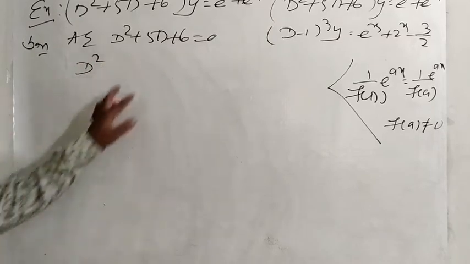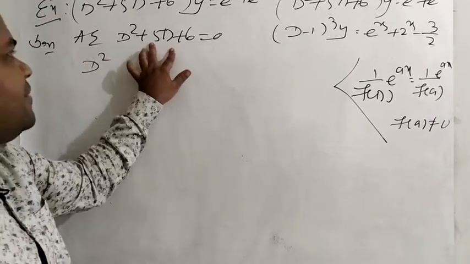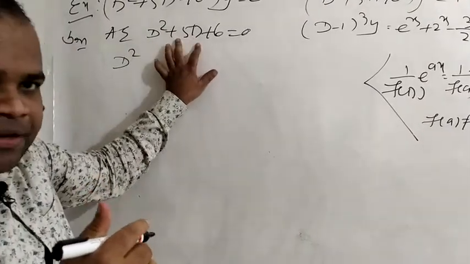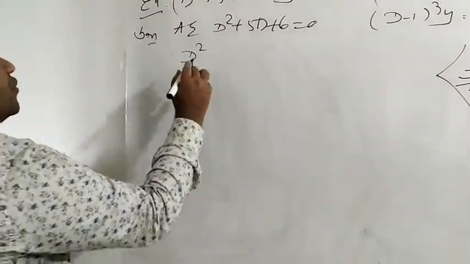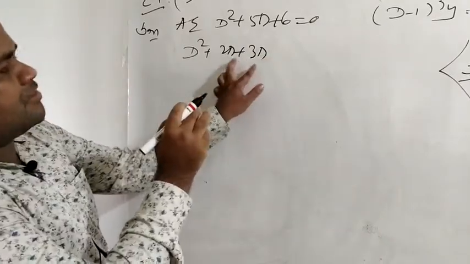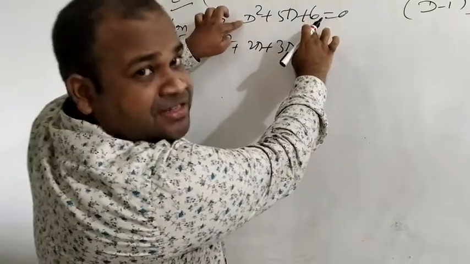You will use the factorization. What is factorization? You divide 5d into 2 terms: add, it will come 5d; multiply, it will come 6 into d square. So 5d is 2d plus 3d. 2d plus 3d is 5d, 2d into 3d is 6d square.